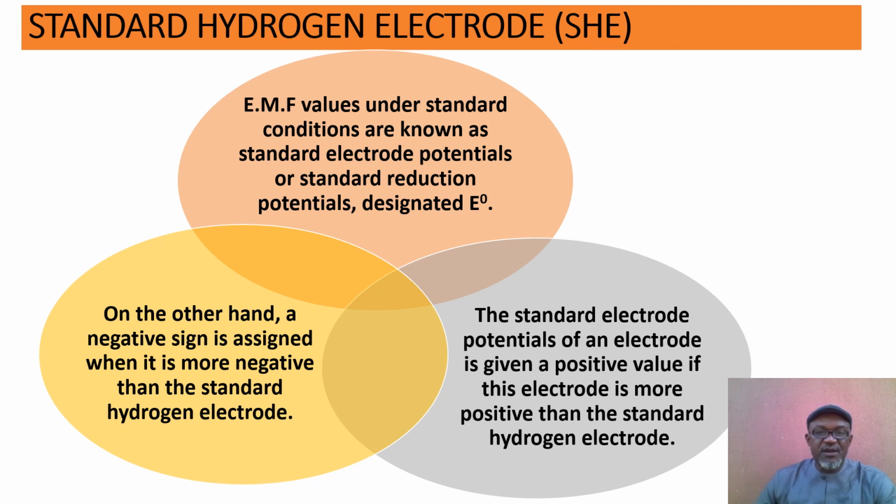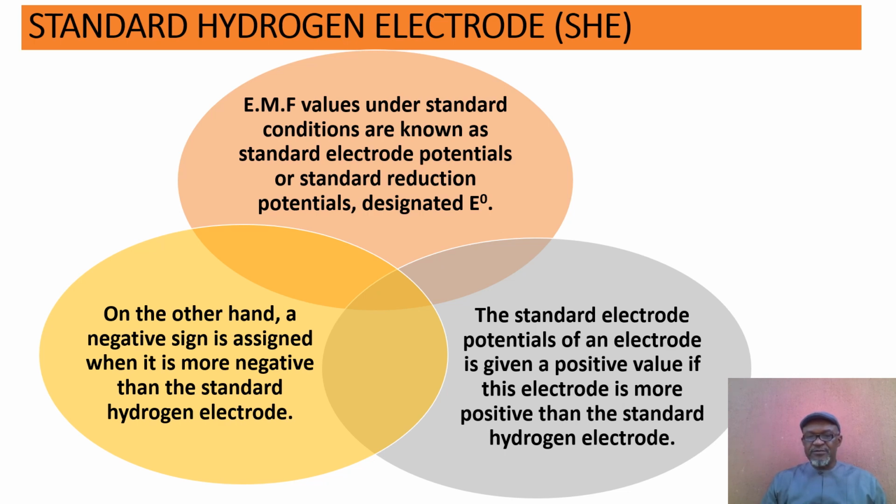So EMF values under standard conditions are known as standard electrode potentials or standard reduction potentials, and we designate them as E naught values. That's E superscript 0. That's what we mean by standard reduction or standard electrode potentials. It means the same thing. The standard electrode potential of an electrode is given a positive value if this electrode is more positive than the standard hydrogen electrode.